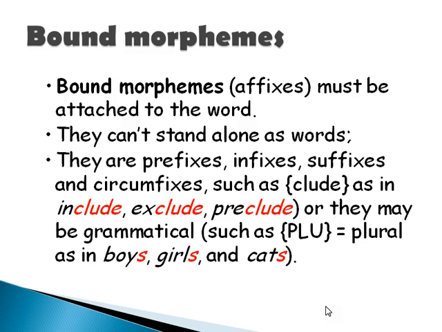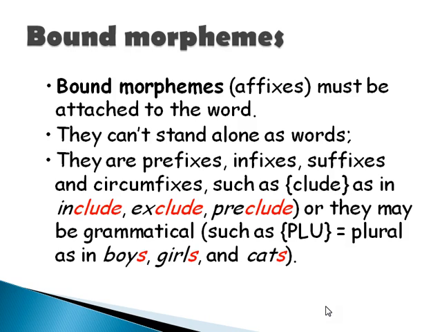Take a look, for example, at the morpheme clude, as in include, exclude, preclude. In these cases, clude does not have a meaning on its own. I don't know what clude is until I link this morpheme with in, ex, or pre.